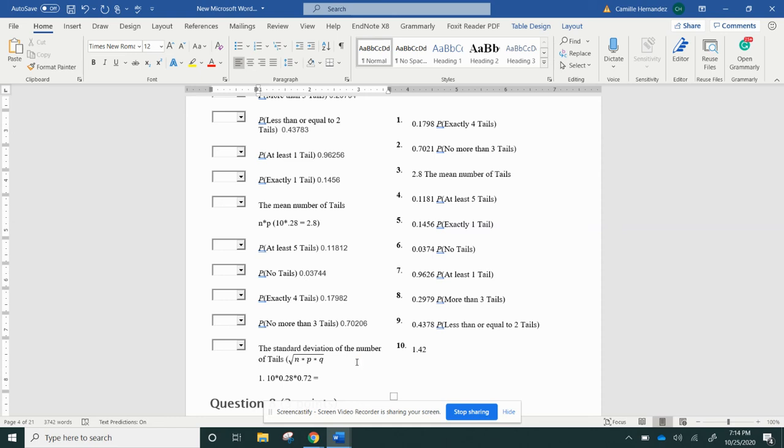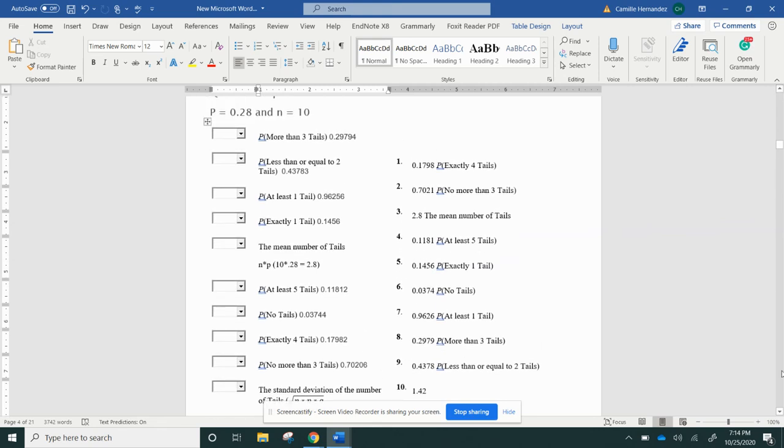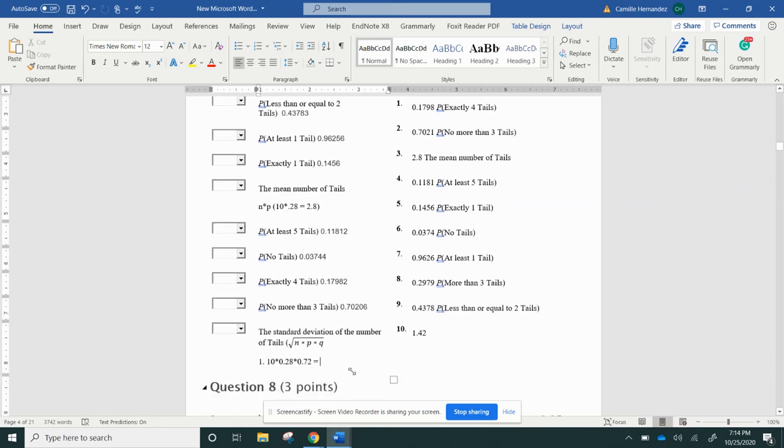I'm just doing it on my calculator: 10 times 0.28 times 0.72. I get 2.016.